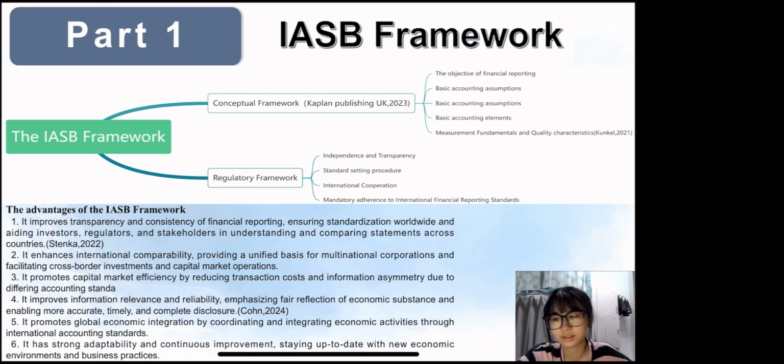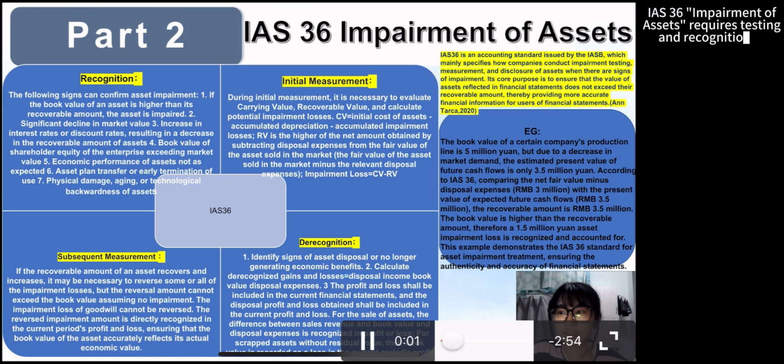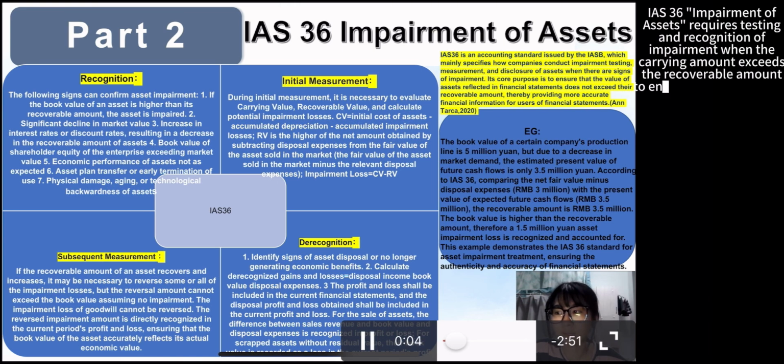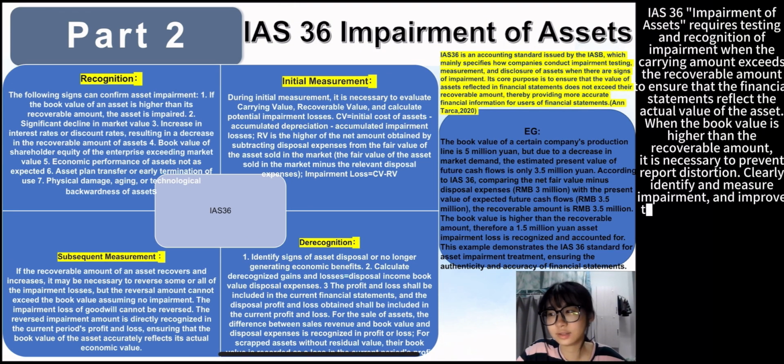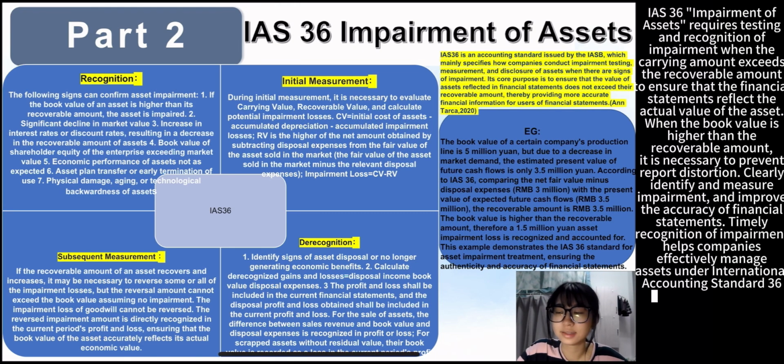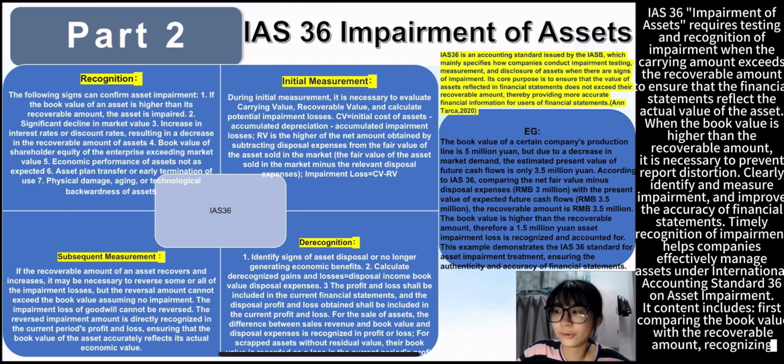IAS 36, impairment of assets, requires testing. Regardless of the impairment, when the carrying amount exceeds the recoverable amount, this ensures that the financial statement reflects the actual worth of the assets when the book worth is higher than the recoverable amount.